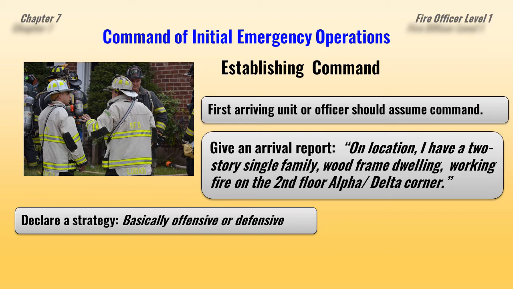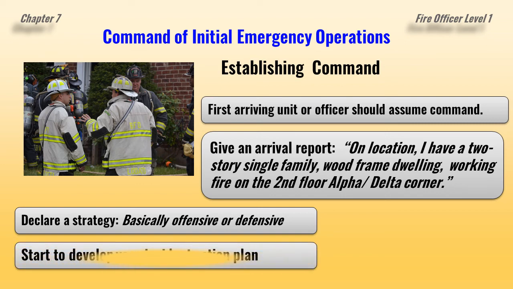We talk about strategies, we talk a little bit about tactics, but it's mainly developing an incident action plan and how we make decisions. So then you need to start to develop your incident action plan. And again, I'm not going to go into incident action planning here. We'll talk about it in the course at some point.